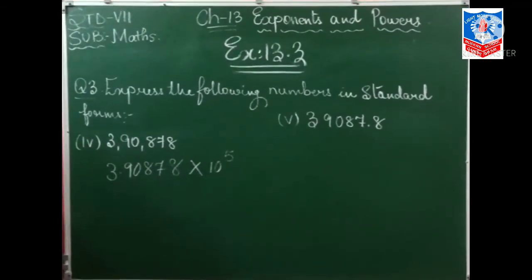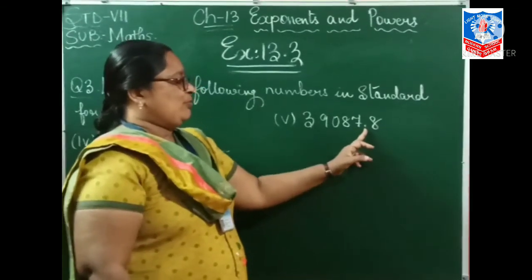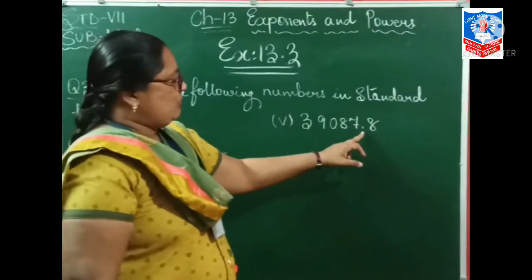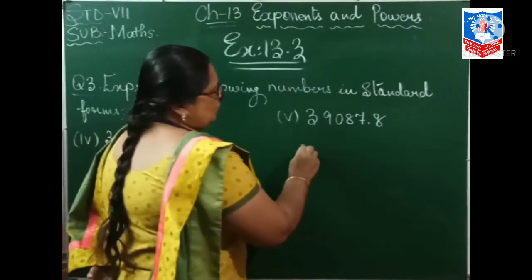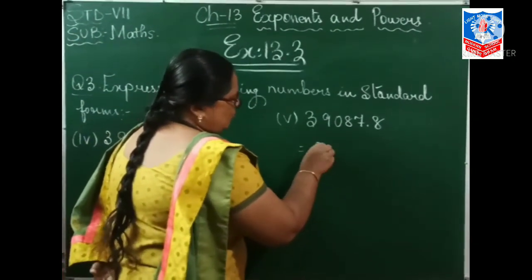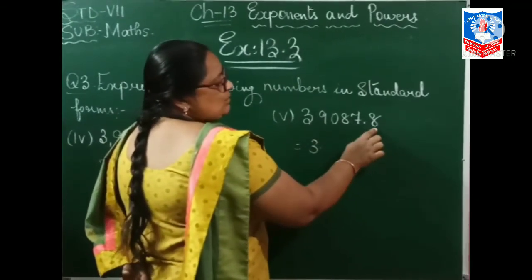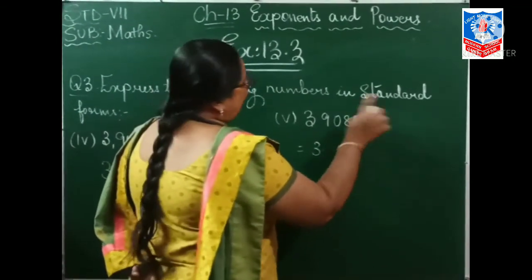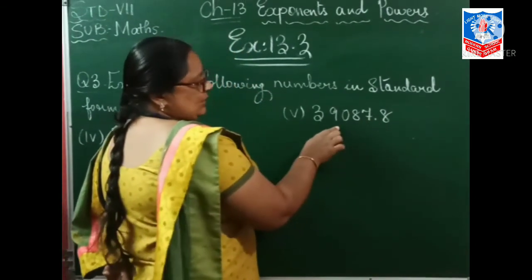Understood? Now next, here. Now here is the decimal point. First what we will do? We will shift this decimal point to here. So 3 point. Now see, this digit is already after the decimal point. Now we move these 4 digits.